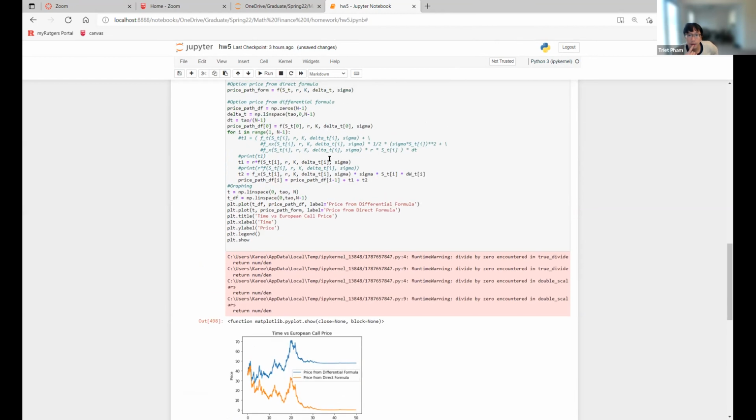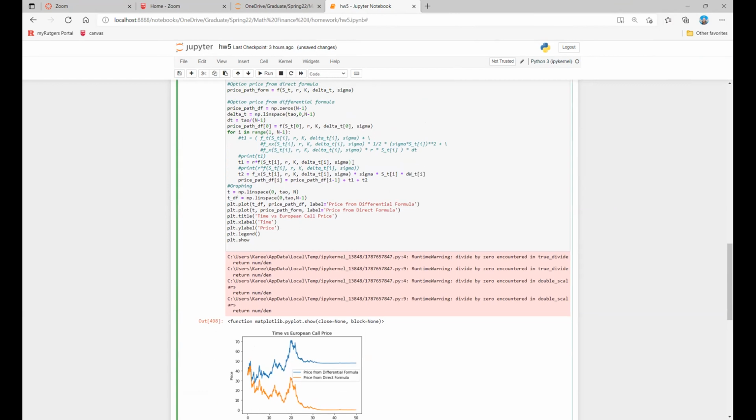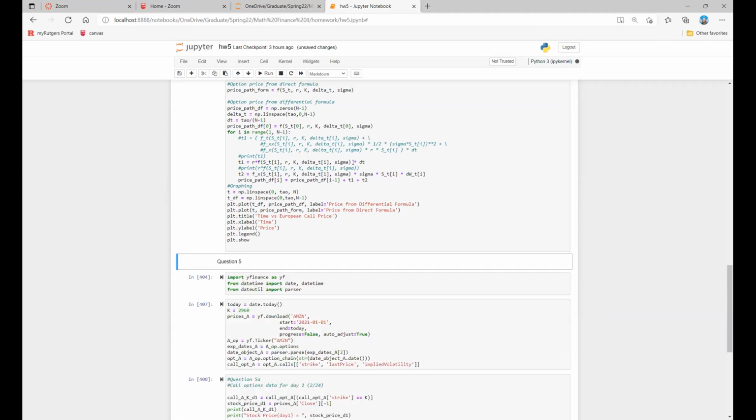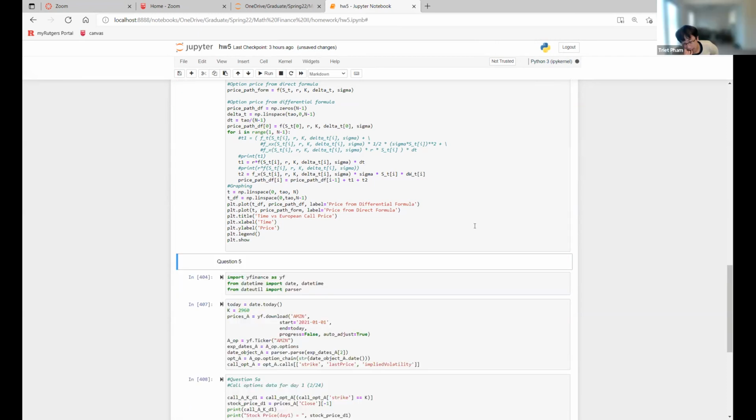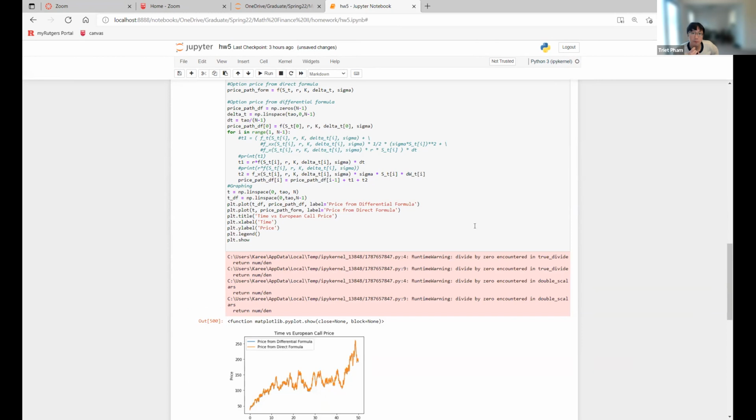DT, right? T1, we forgot to multiply with DT, right? Oh, yes. Oh, yeah, that's better. Try again. Yep. Something in your Greek is wrong.